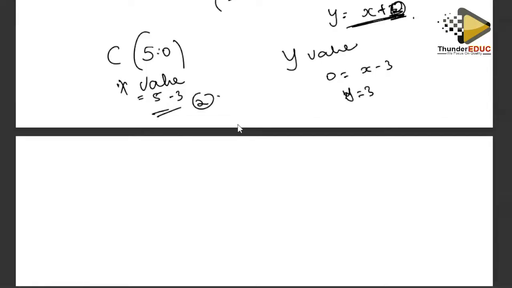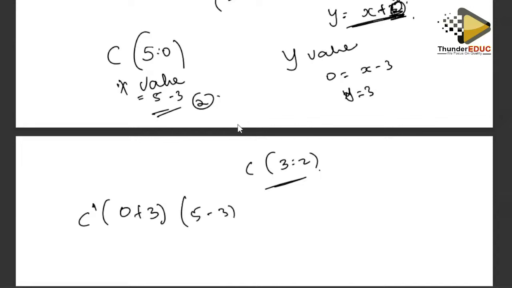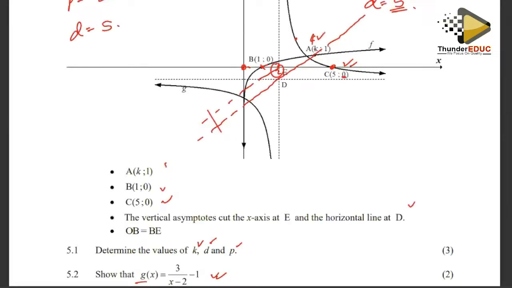So the point of interest is supposed to be 3 and 2. Alternatively, we can say 0 plus 3, because of this 3, and then our y value is going to be 5 minus 3 to still give us a 3 and a 2. So that is the point of reflection.